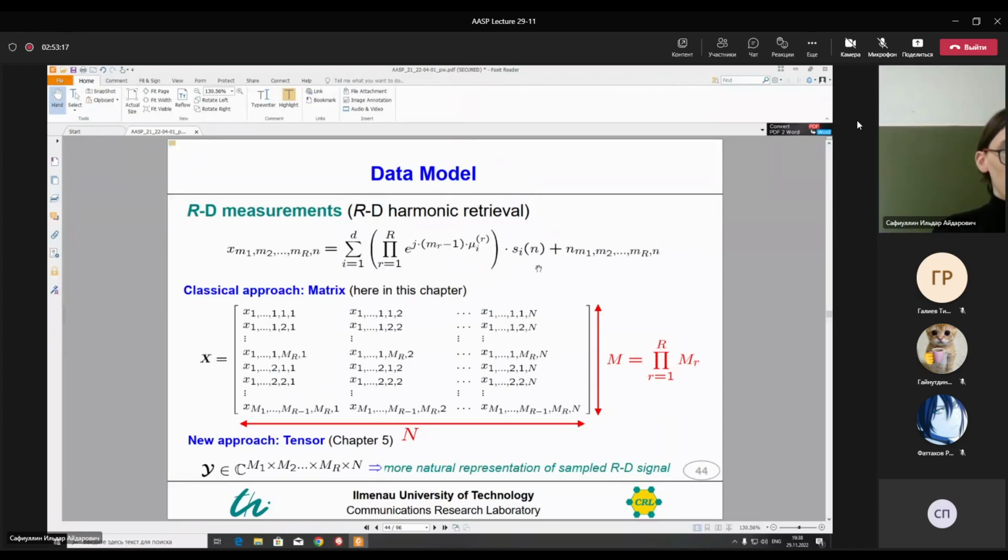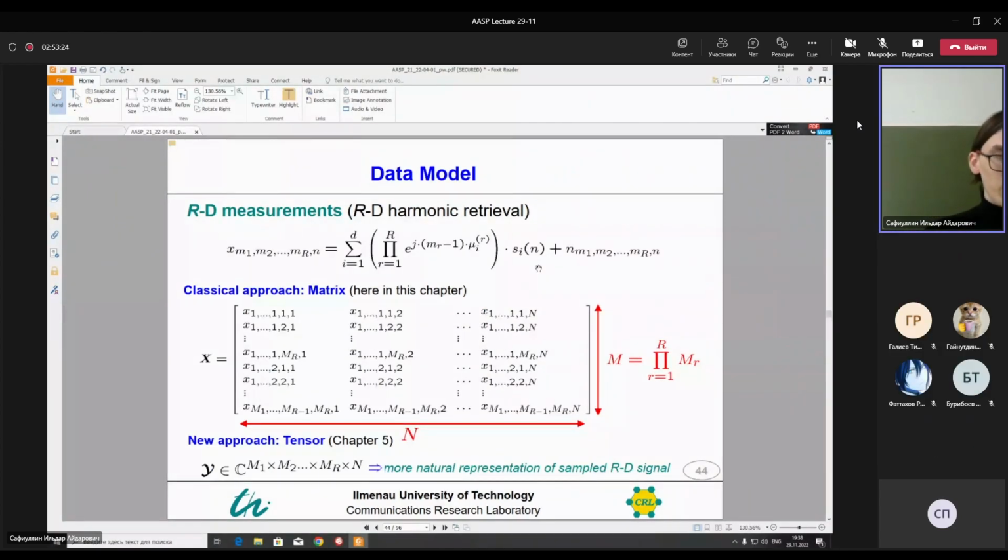Yes, we can represent it using matrices, but in chapter 5 we will use a tensor representation of all these matrix things, so it is easier to collect into the tensor.